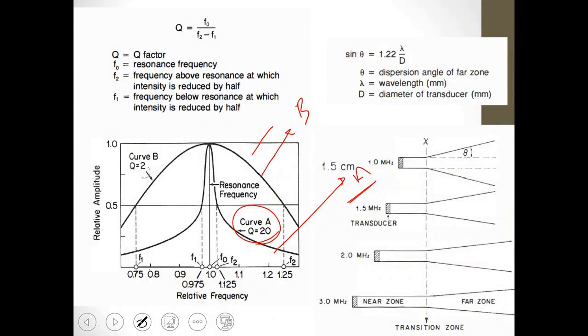Consequently, the intensity that reaches the depth you want to image will be very weak, resulting in a very weak signal being reflected back to you. Therefore, the signal that returns from a certain depth will be weak and you won't see anything.